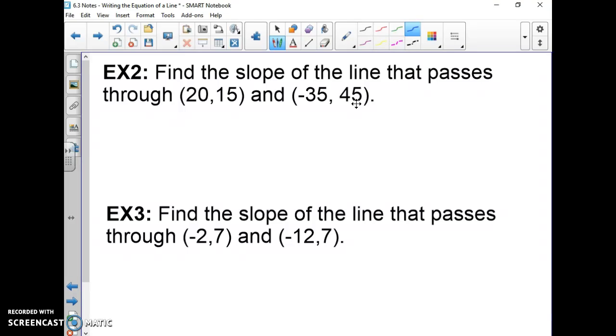This is going to be difficult to graph, but we can sketch a rough graph. (20, 15) would go over 20, up 15, somewhere around here. I'm going to call this point (20, 15). And then the point (-35, 45), I would go negative 35 in this direction and up 45. It would probably end up over here somewhere.